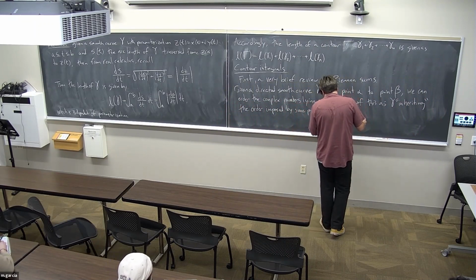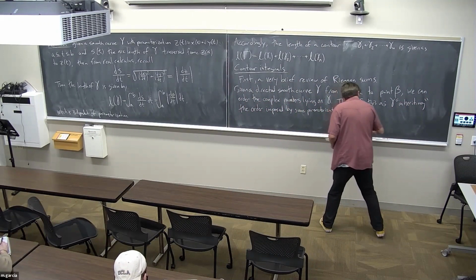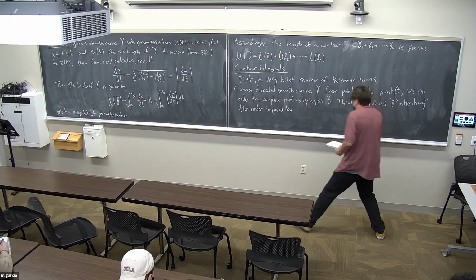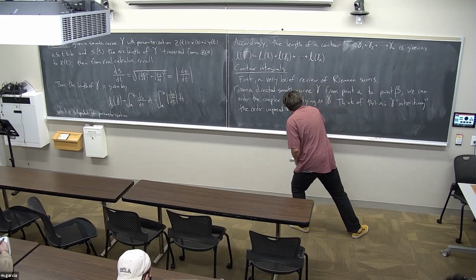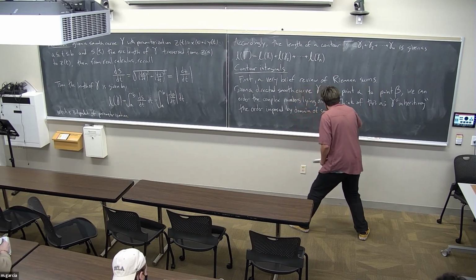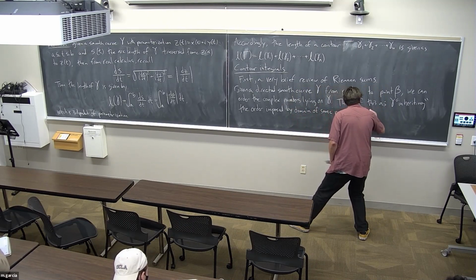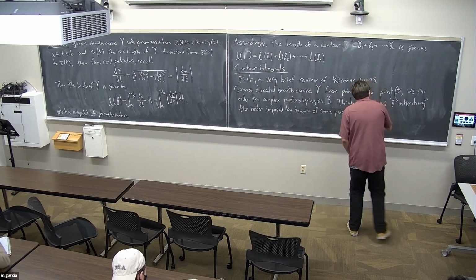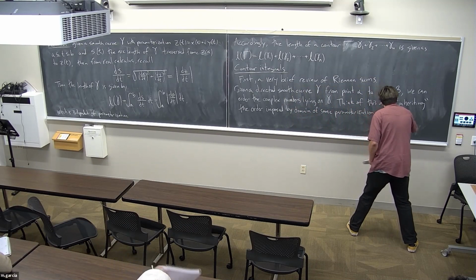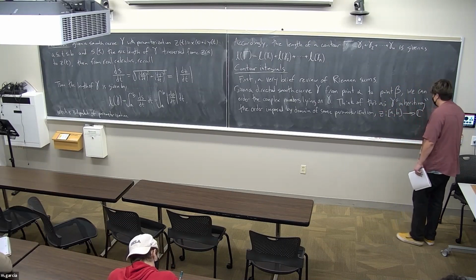That is to say, wait, I really should say by the domain of some parameterization. Let's say Z is some parameterization which has domain in the interval A to B. Okay, so we'll say Z parameterizes gamma.